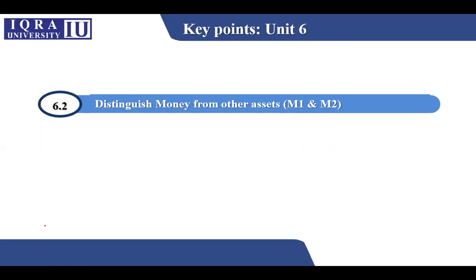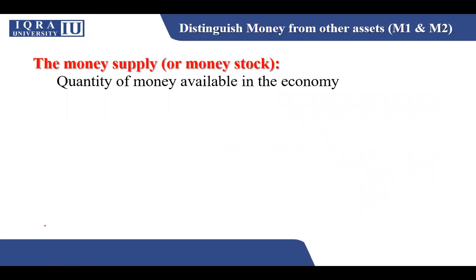This is a very important topic because, although it's a very small video, some key points will be discussed here, such as money supply. So first, what is money supply? Remember this: when we are quoting money supply in economics, we are talking about money stock.